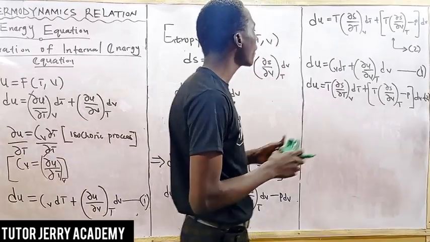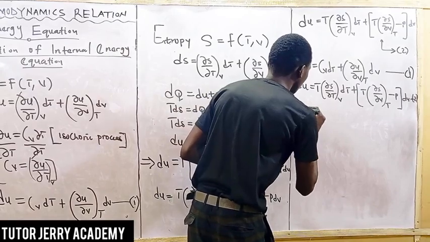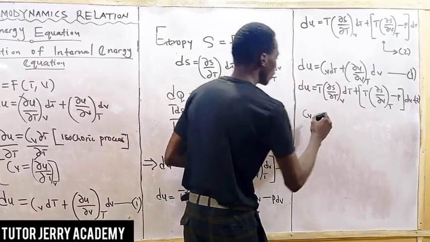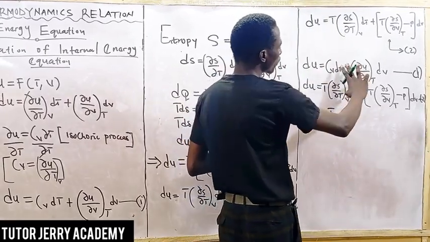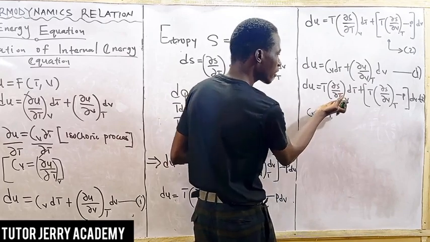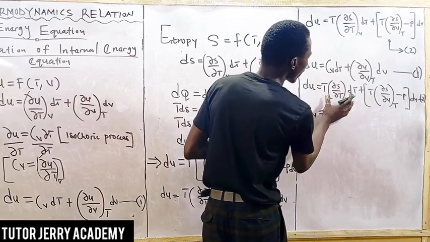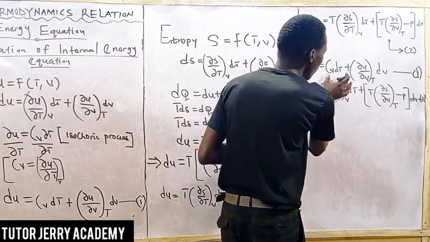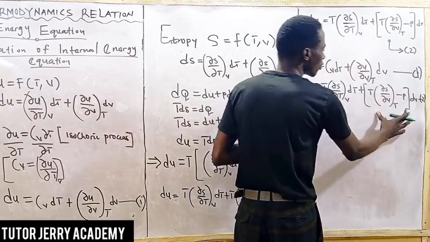So if I compare both equations, I'm going to have Cv to be equal to... What we are going to be doing here is comparing these equations. As you can see, we have dt here and we have dt here. It means we can say that this is equal to this, and we have dv here and dv here, so this is equal to this.